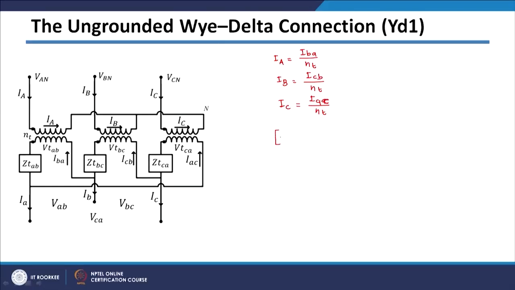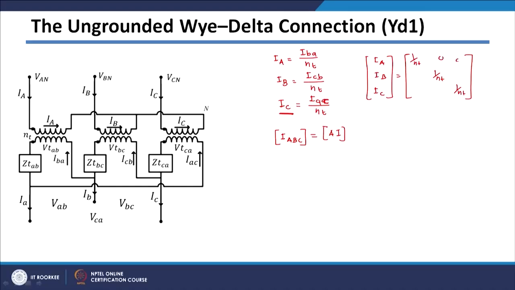And in short form I can just write it like this: IABC, these are nothing but line currents, so IABC will be nothing but IA, IB and IC, which will be nothing but 1 by NT, 1 by NT, 1 by NT diagonal entries and 0 off diagonal multiplied by IBA, ICB, IAC. Okay, so this is your IABC in short form.